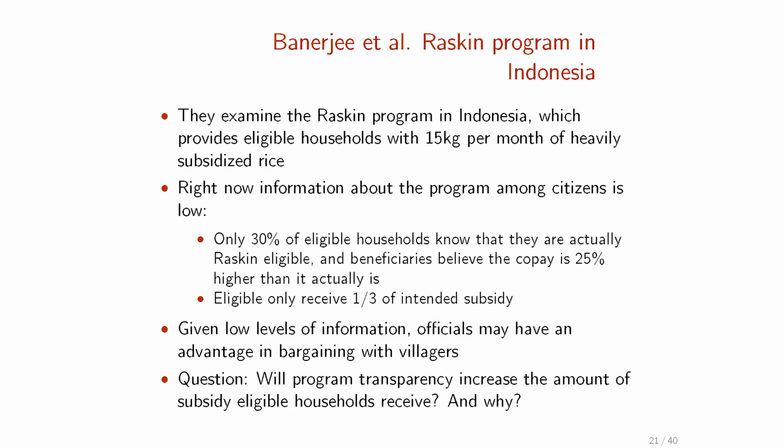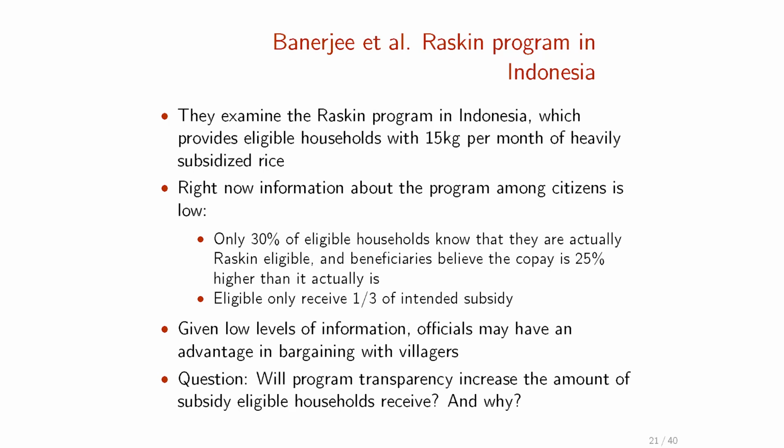Right now, one problem that the program has is that the information among citizens is low. A survey that they did suggests that only 30% of eligible households know that they are Raskin eligible. And the beneficiaries also believe that the copay is 25% higher than it actually is, probably because someone helpfully informed them of that somewhat higher number.